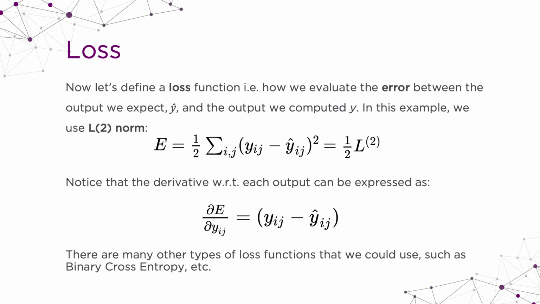Because when we calculate the derivative, going back to calculus courses, the 2 factors out our 1/2, and the derivative of the error with respect to our outputs turns out to be as simple as computing the difference between the output we predicted and the output we expect. So that's a very cheap operation. We just have to do a subtraction. That's why this loss is really useful. We could have used other losses, but for this specific example, we're using the L2 norm.